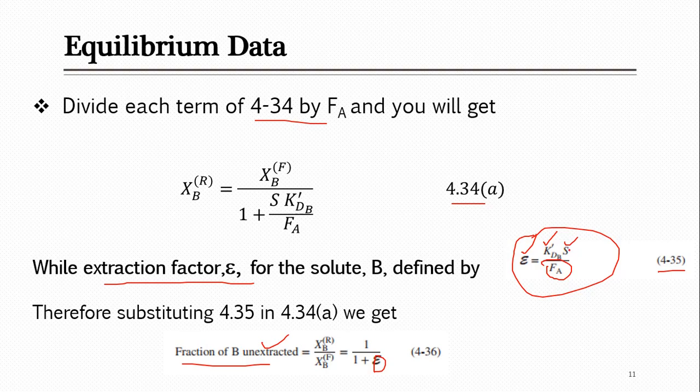If I increase this ratio, either by increasing S or by reducing the carrier in our feed, that case also will help us to increase the B extracted.